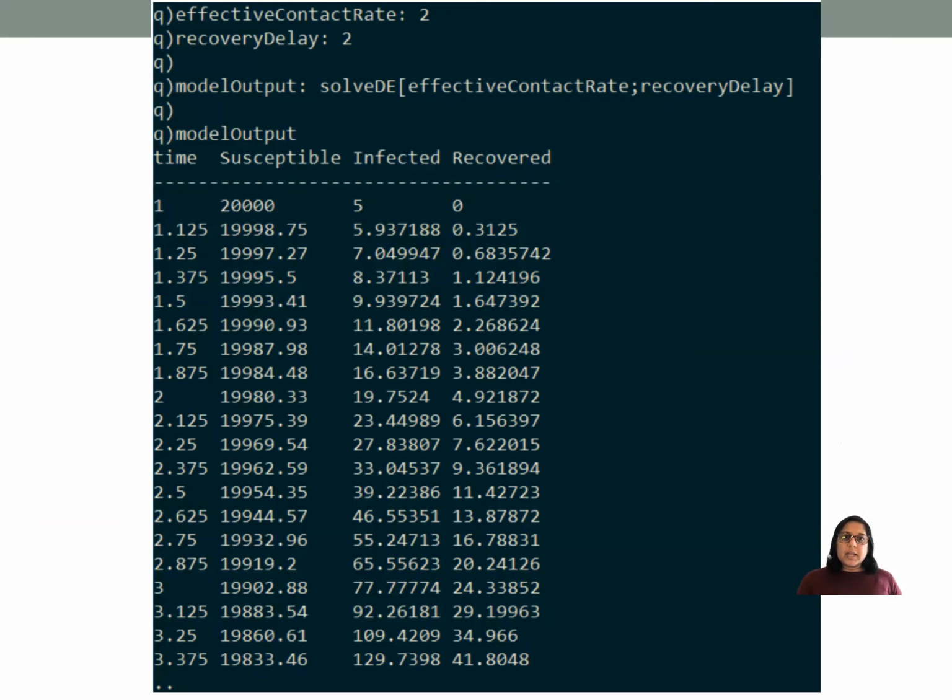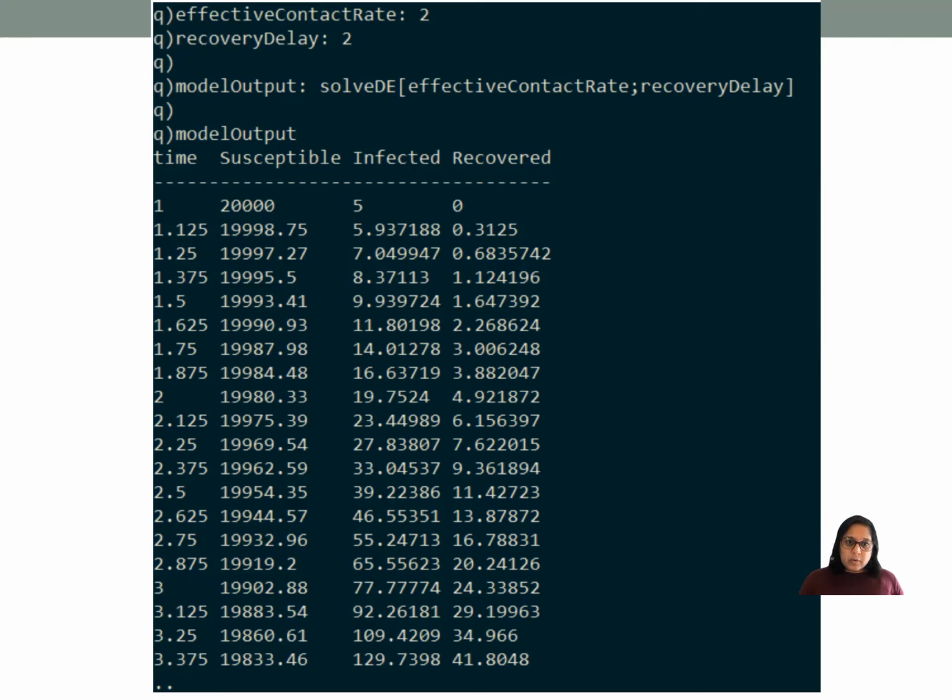So let's say on day 1, you have 20,000 people that are susceptible, 5 are infected, none have recovered. On day 2, about 19,980 people are susceptible, 19 are infected, and about 5 have recovered.